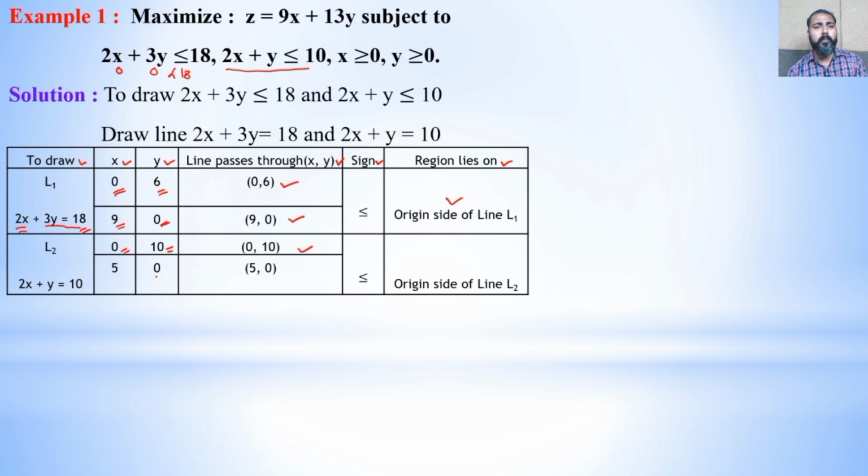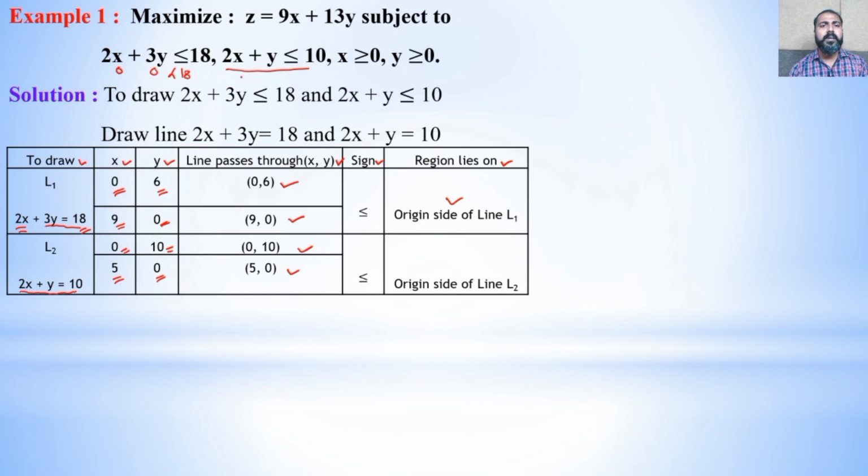To find the point of intersection with x axis, we put y is equal to 0. This equation gives 2x is equal to 10, hence x is equal to 5. Therefore, point of intersection is (5, 0) with x axis. Here the sign of inequality is less than or equal to.